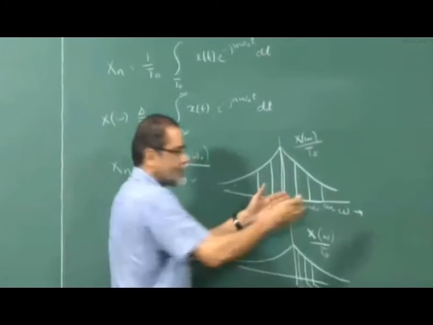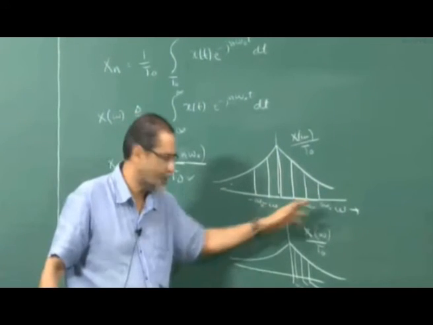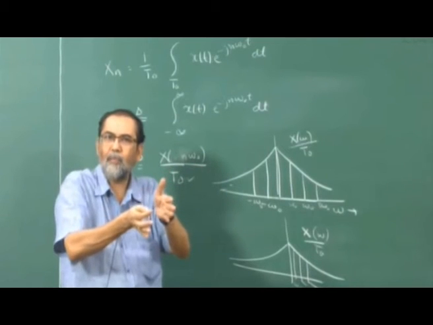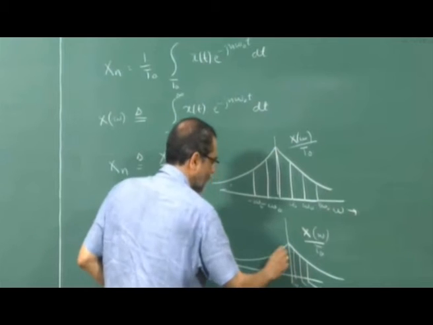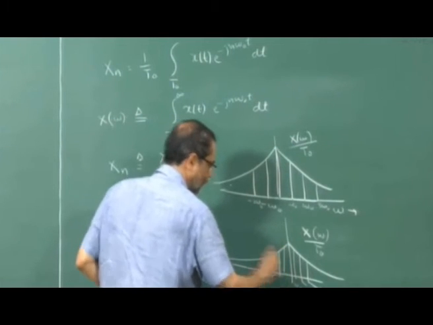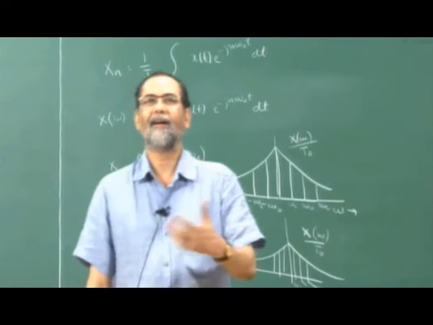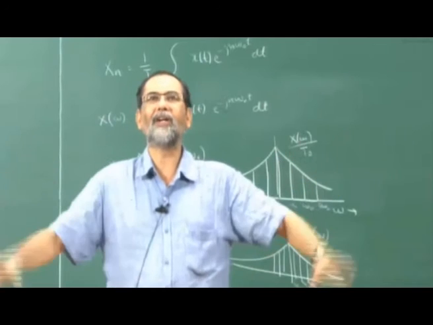So what was occurring with sufficient space, now these three values, omega naught, 2 omega naught and 3 omega naught, move closer. Similarly on the other side, minus omega naught, minus 2 omega naught, minus 3 omega naught, and so on.